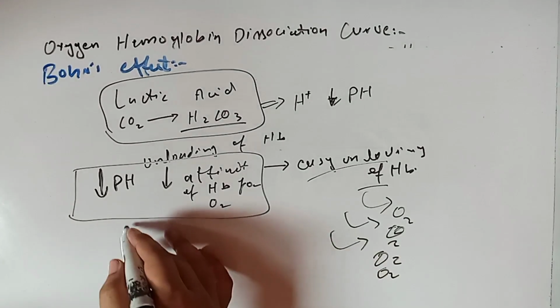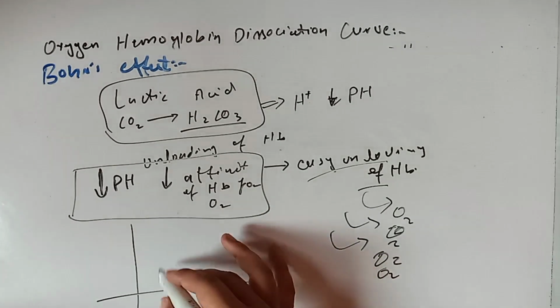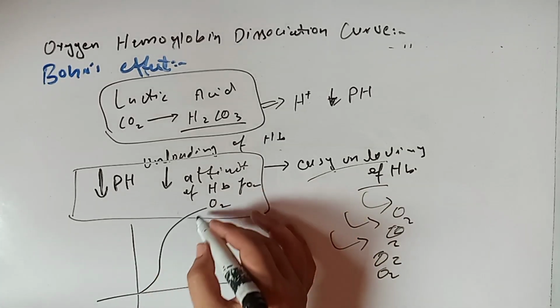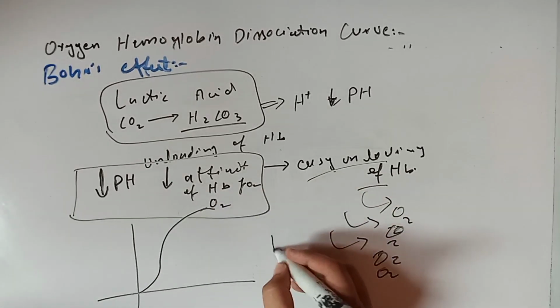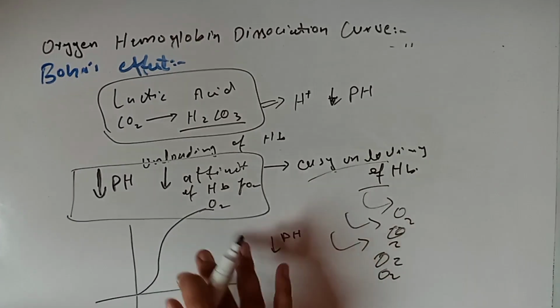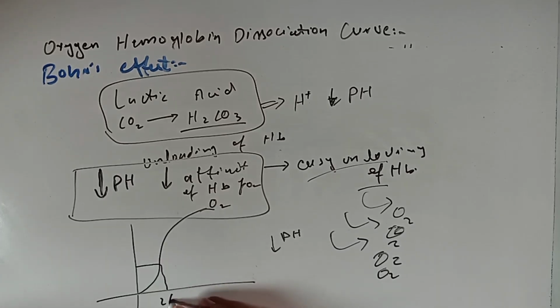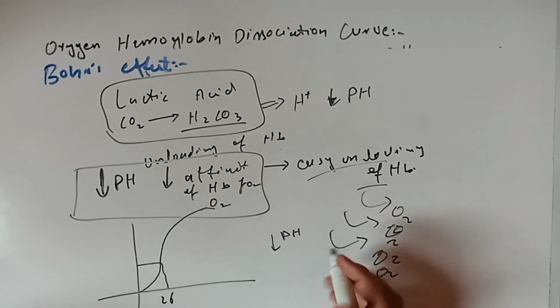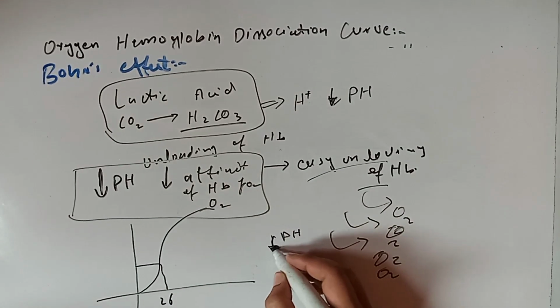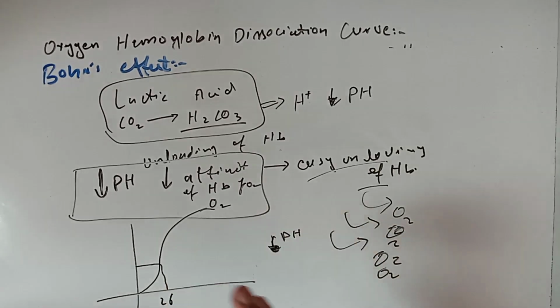So what is the effect of this on the oxygen-hemoglobin dissociation curve? Supposedly here is the curve, and in tissues there is decrease in pH and decrease in affinity. It means that supposedly here it was 50% saturated at 26 mm Hg. Now the affinity of hemoglobin for oxygen has decreased due to decrease in pH. It means that hemoglobin is binding less oxygen and releasing more oxygen.